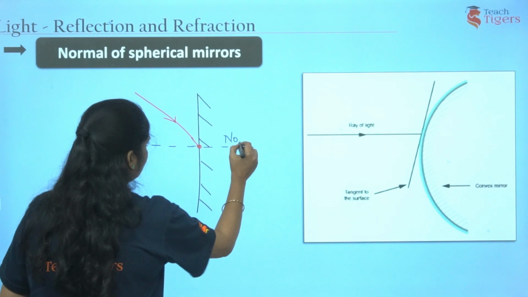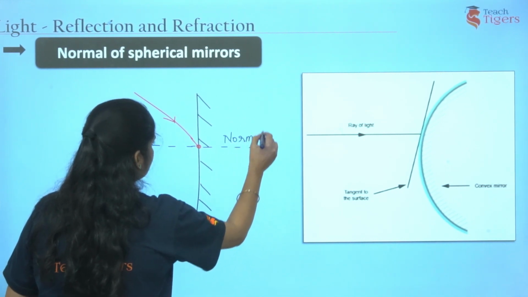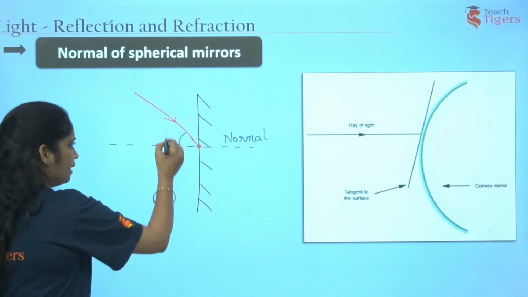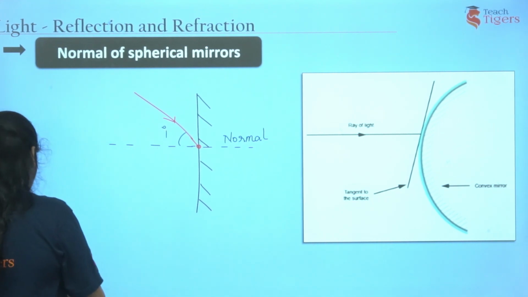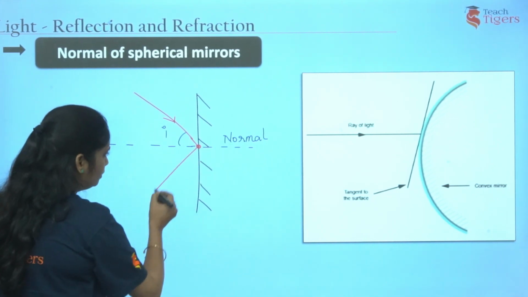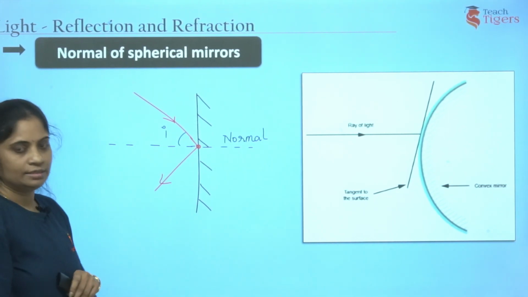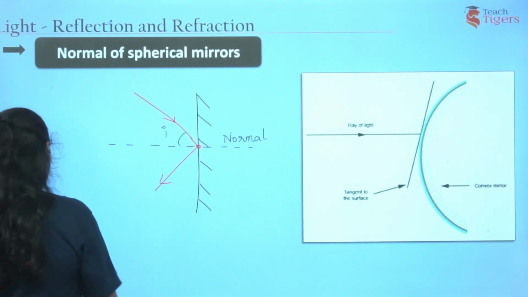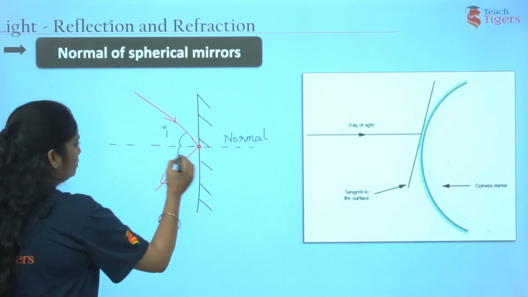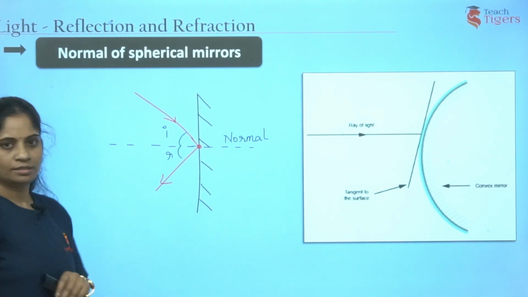This is the normal. Now you can easily calculate the angle of incidence, and we know that the angle of reflection is equal to the angle of incidence, so you can easily construct the reflected ray.